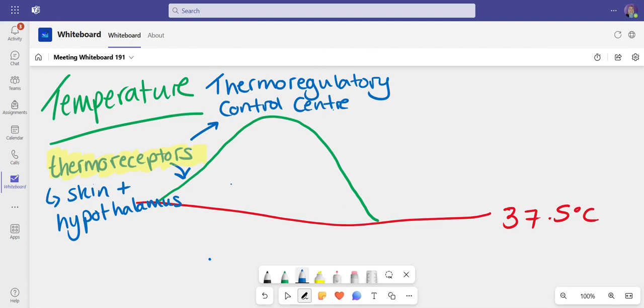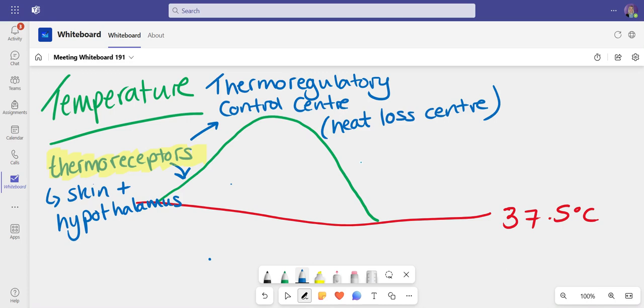Now the thermoregulatory control center actually has two parts to it. It has a part for heat gain and a part for heat loss. If we're too hot, it's going to go to the heat loss center because we want to decrease the temperature. When we look at what happens if we're too cold, it would then go to the heat gain center. Okay, so it goes to a different place.